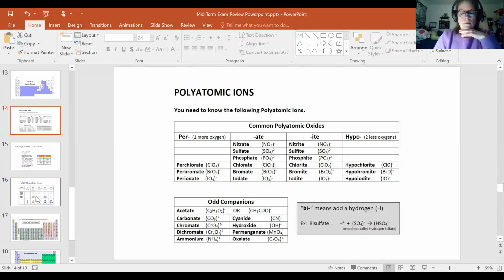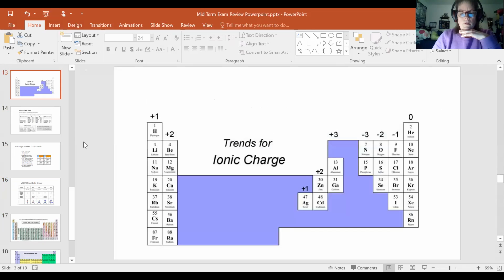I thought I had something here to help you guys with this. Maybe I didn't. Well, let's go back and look. Cobalt is in this middle section here that you can't see. This is our periodic trends chart, so it gives you the ionic charges that some of these form.